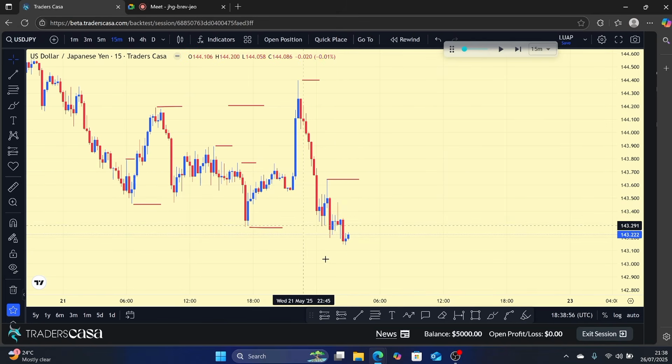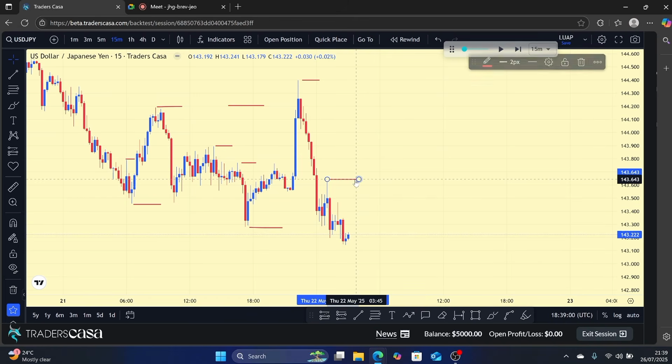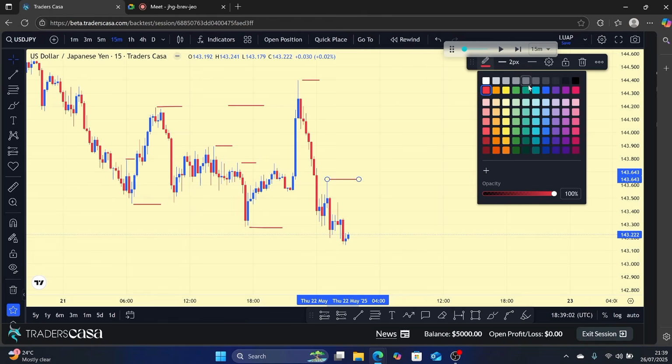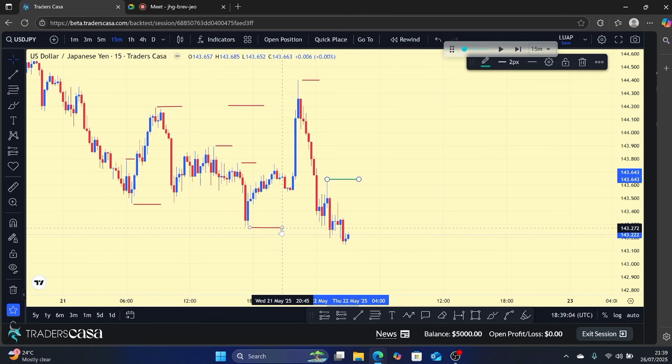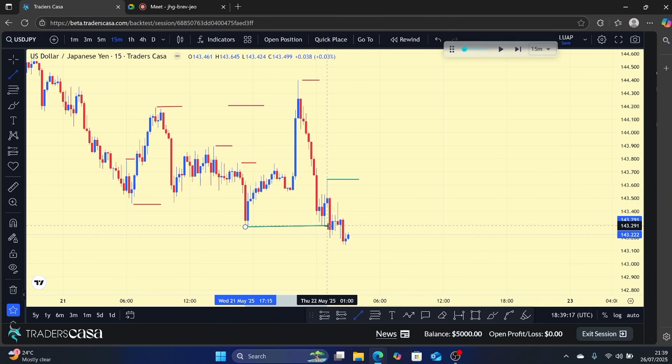Right, so let me change the color of my line to a good green, so that now I can draw this line and see if that was a minor inducement or a major inducement. And we can clearly see that if I start the line drawing from that end all the way to this end, this low didn't break past our swing point.